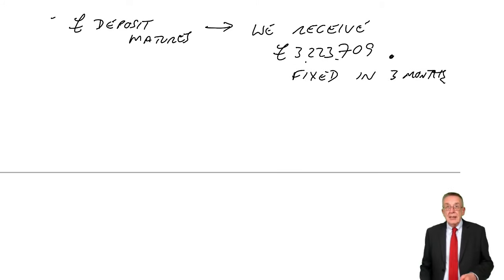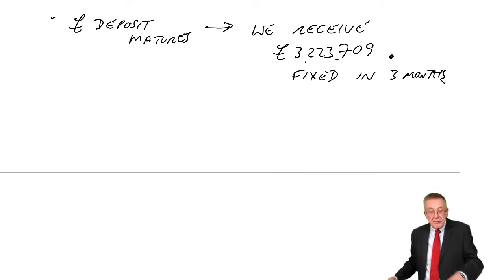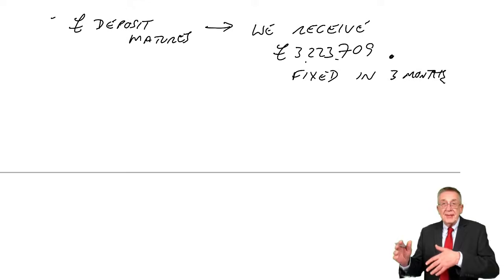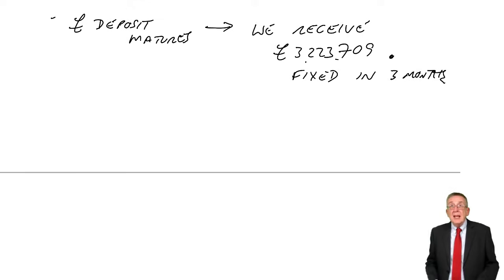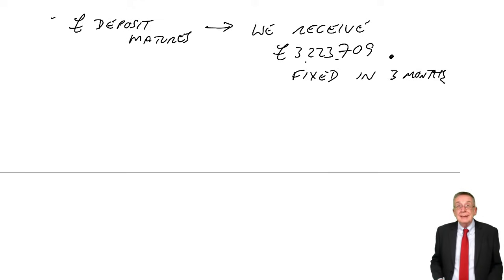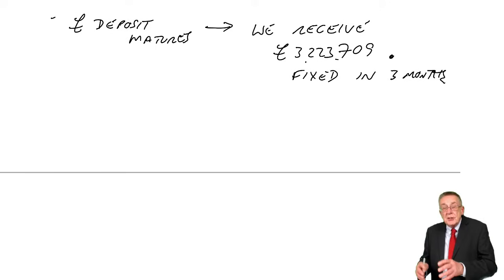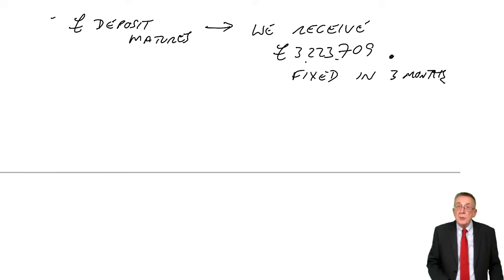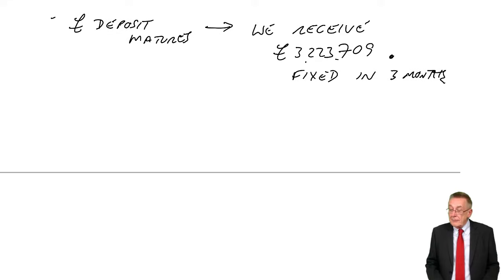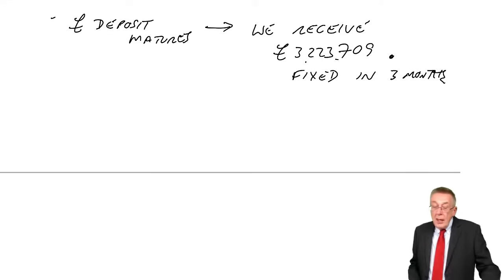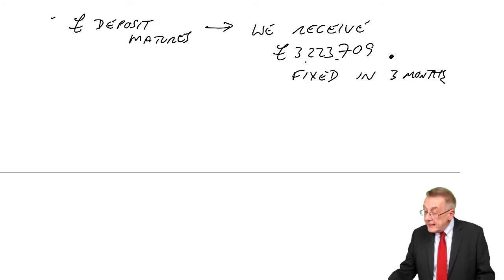F equals S times whatever, 1 plus one interest rate over 1 plus the other. It's exactly the same formula, but it's the interest rates that determine the forward rate. All right, anyway, that's money market hedging. As I say, it is messy. You may have to have a look back.